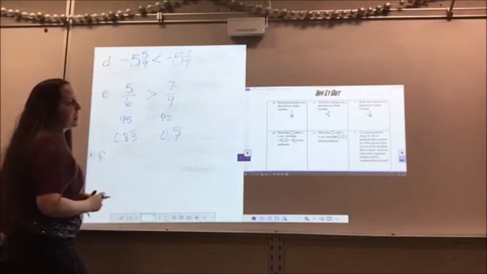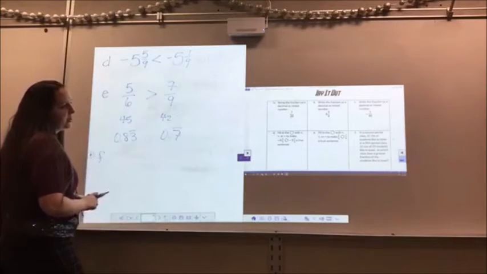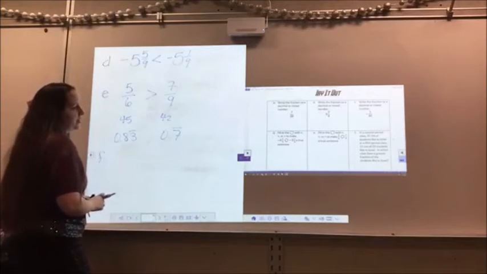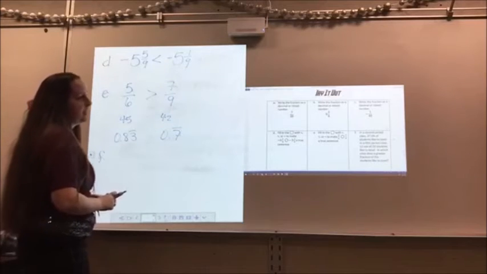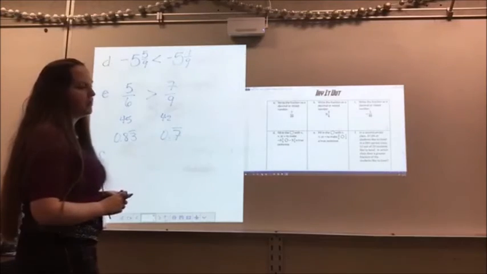Letter F says in a second period class, 37.5% of students like to bowl. In a fifth period class, 12 out of 29 students like to bowl. In which class does a greater fraction of students like to bowl?